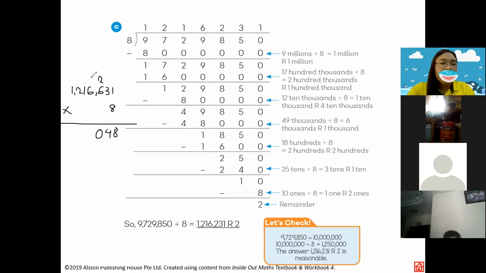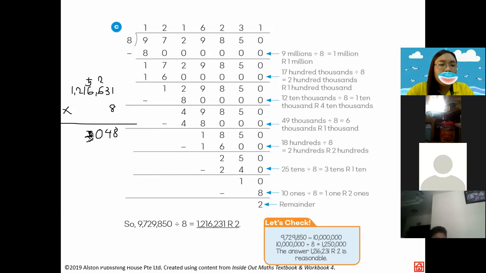And then carry 5 here. And then we have 8 times 6, that's 48. Plus 5, 53.